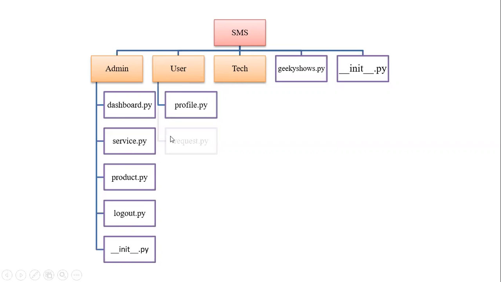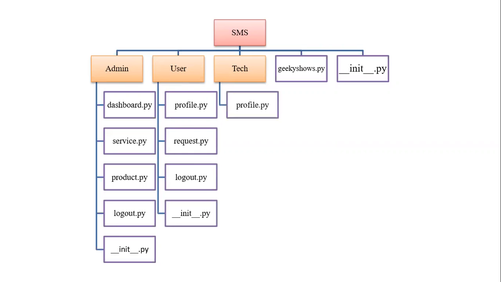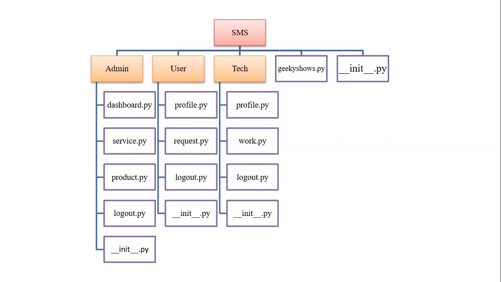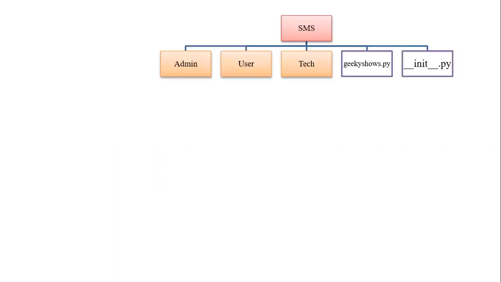And the same as the user may have some files. Files can be anything. You can create your own file, right? So tag is another package which contains some files, right? So in this program, we will create this structure, right?